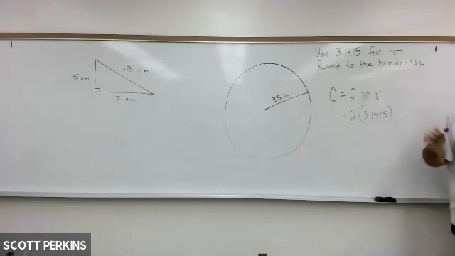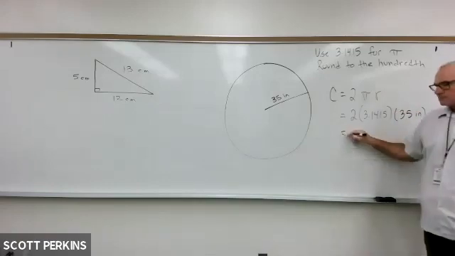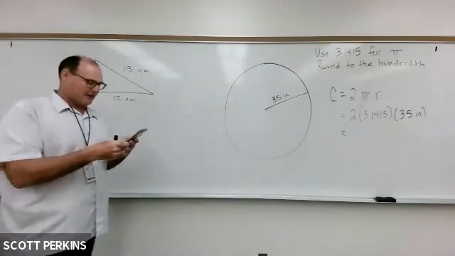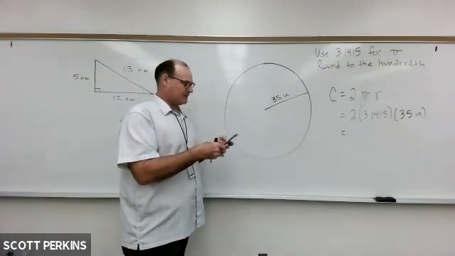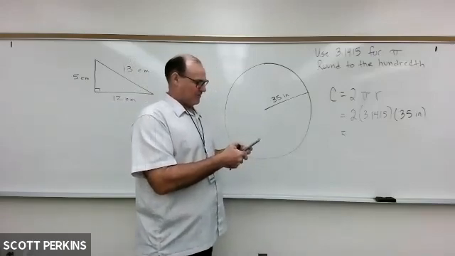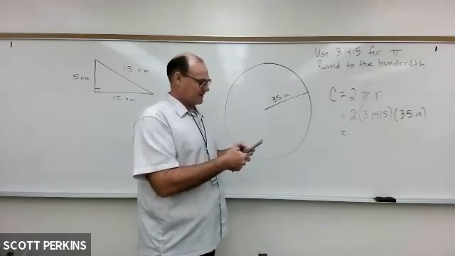Either one is fine with me. Then times the radius, 35 inches. Just make sure you're comfortable with your calculator. I didn't bring a calculator because I wasn't super prepared, I guess. So I've got 2 times 3.1415 times 35.